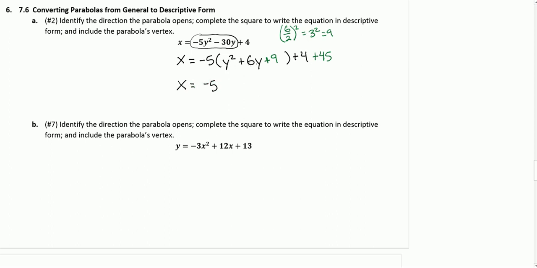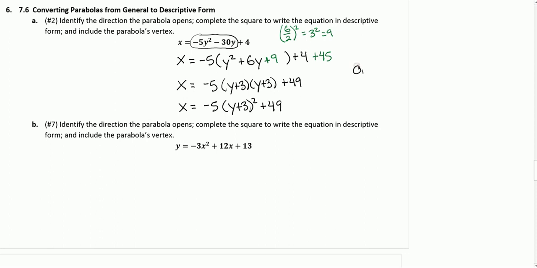Y squared plus 6y plus 9 factors to y plus 3 times another y plus 3. And then 45 plus 4 is 49. And we have two of the same factors, so this is y plus 3 squared. So x equals negative 5 times y plus 3 squared plus 49. And now it's in our vertex form.